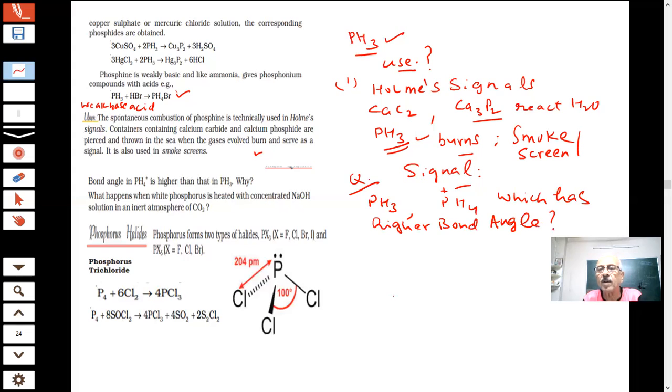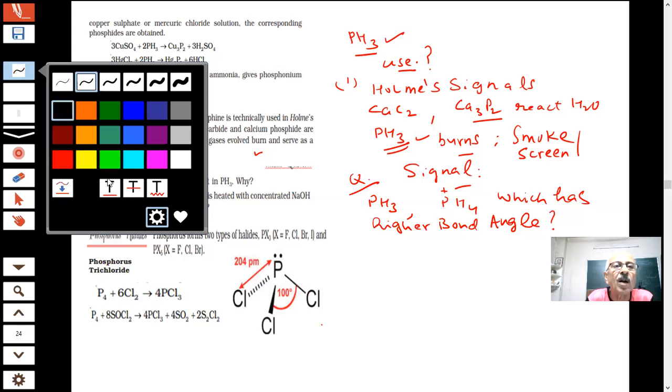PH4+ will have a higher bond angle, because in PH4+ all four orbitals are bonded.